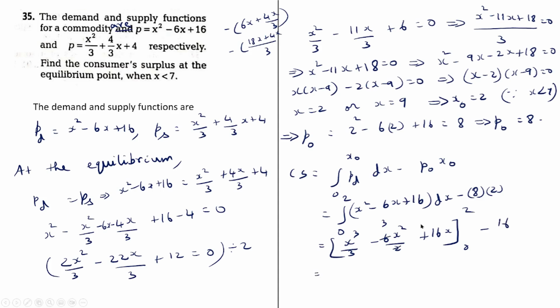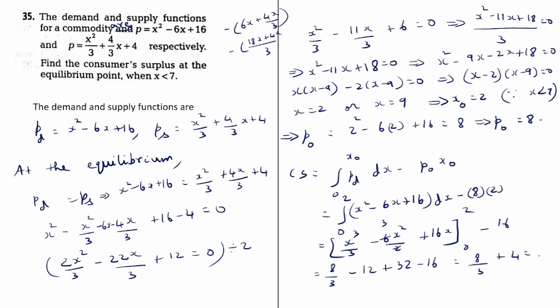So the upper limit is 2. When we substitute 2 here, we have 2 cube by 3, so it is 8 by 3, minus 3 into 2 square, so 3 into 4, 12, plus 16 into 2 is 32. 32 minus 16. So this is 8 by 3 plus 4, since 16 minus 12 is plus 4.